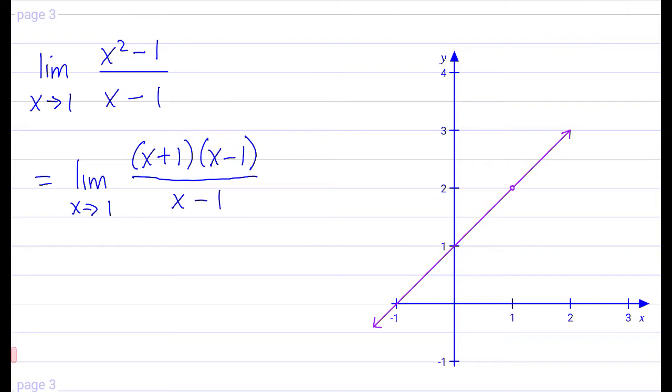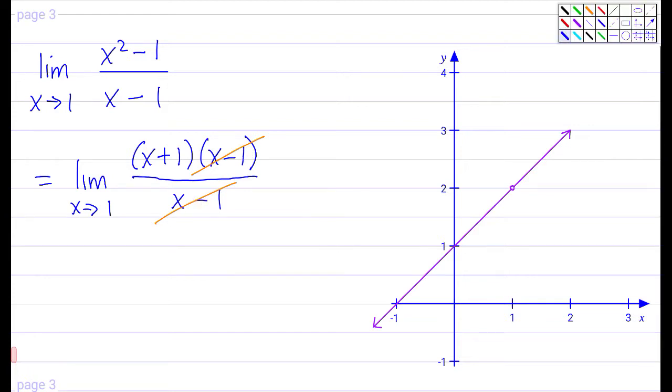And this is where the fact that we're not setting x equal to 1 becomes important, because these two terms are not 0, which means I can go right ahead and just cancel them. They're gone. It's not 0 over 0 because x is not actually equal to 1. It might be super close to 1, but it's not equal to 1. These are going to cancel.